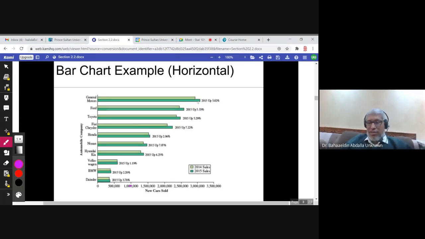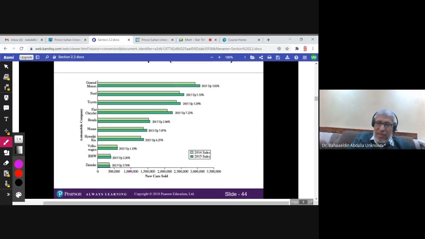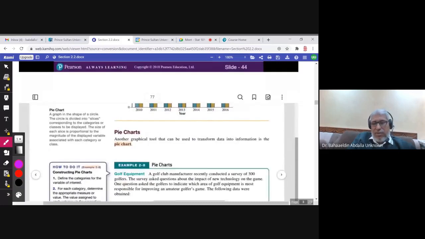So it's a comparison. For General Motors, for example, in 2015 they sold more vehicles than 2014, 5% more, and so on. So you can compare and get information from the bar chart. This bar chart is a horizontal bar chart.